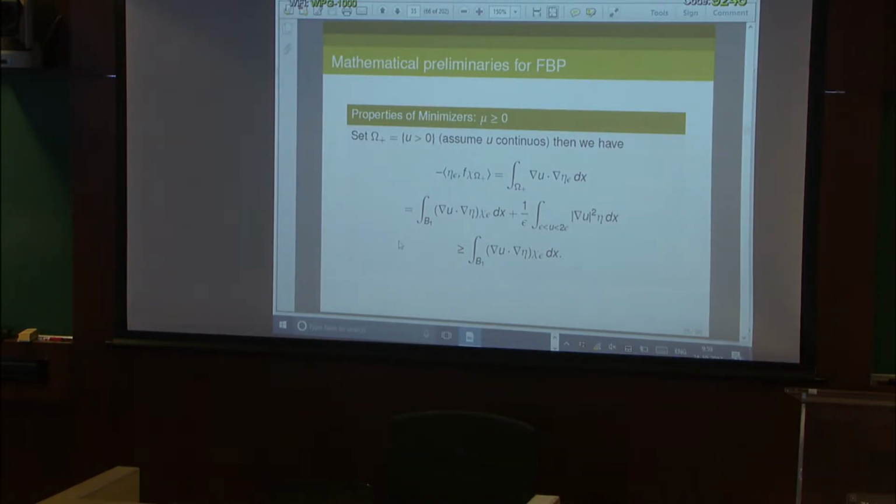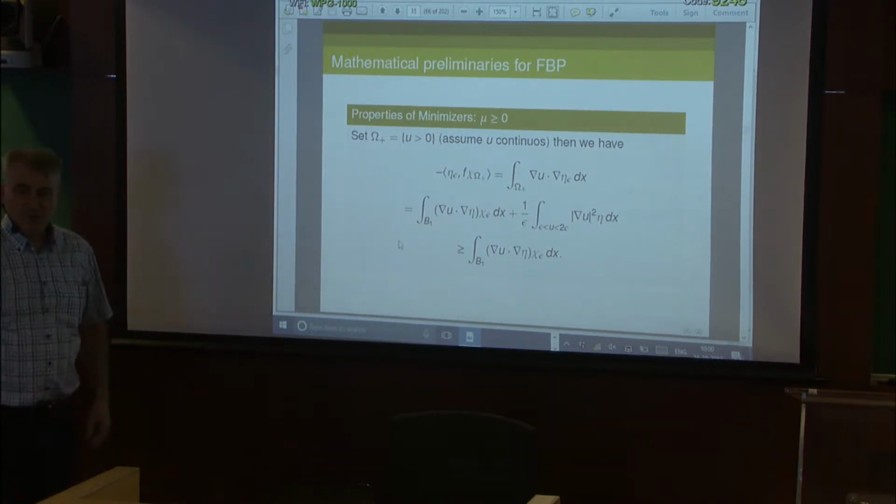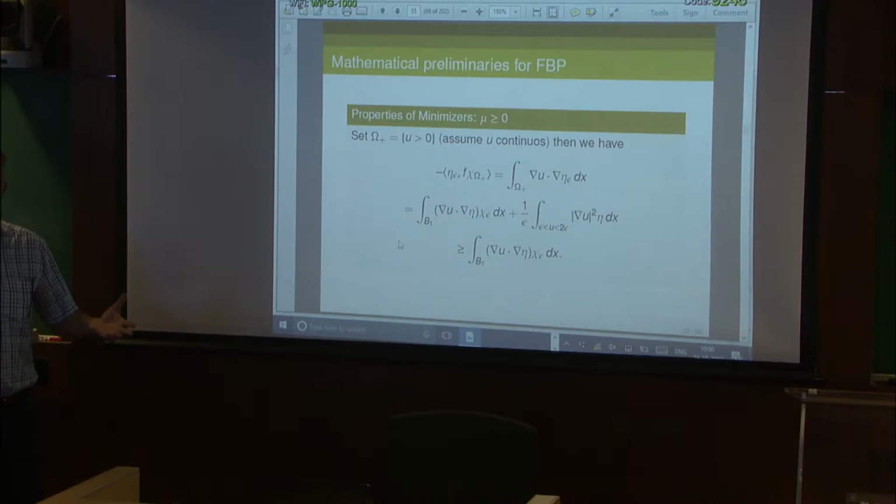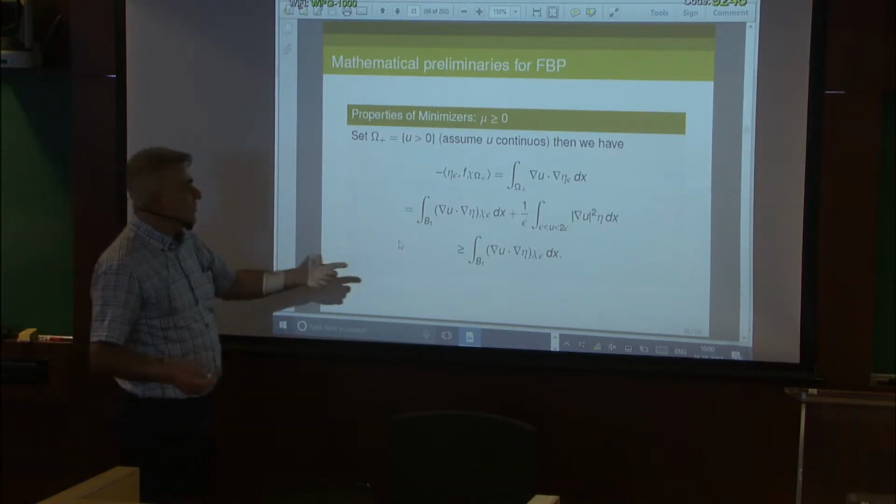So the smooth function with compact support, then you just integrate and take integration by parts, and then the boundary value will be 0 because of this phi, and then you get gradient of u, gradient of phi, with a minus sign here, and then f and phi survive. And then you're doing everything in omega plus, and I'm letting phi have compact support in omega plus, then this is pretty much what I'm going to get. But now I can choose any phi which has compact support in omega plus. I'm choosing the phi I just created.